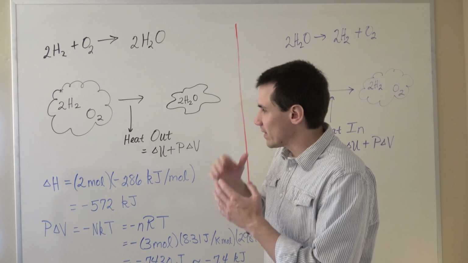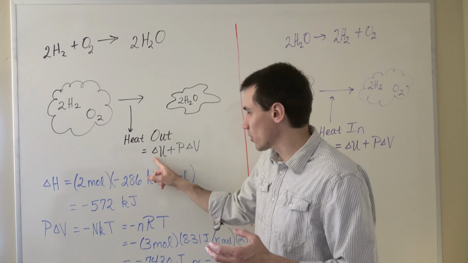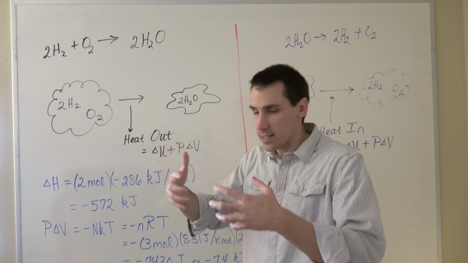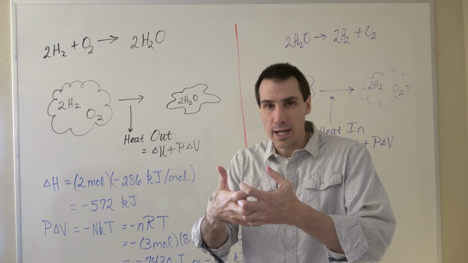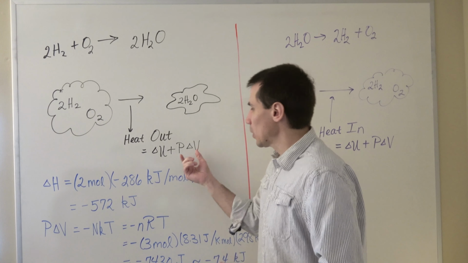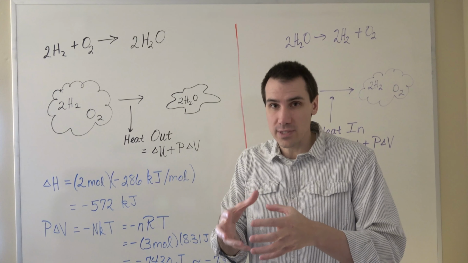Okay, so the heat that comes out is due to the change in the internal energy, the energy given off by the system as our hydrogen and oxygen fuse together and release energy, plus the energy that the atmosphere did on our system.